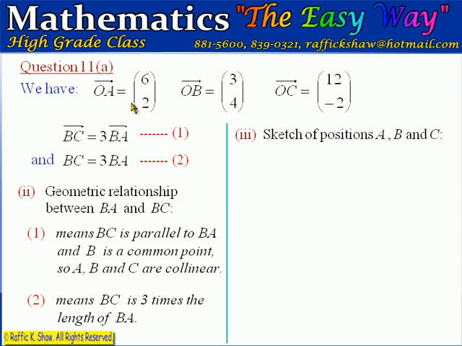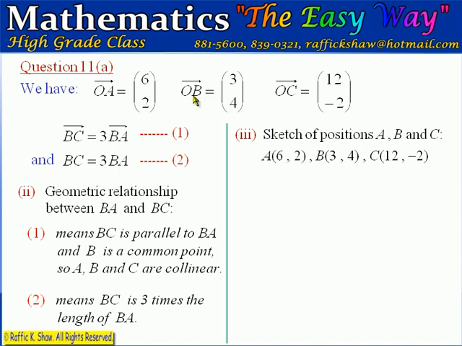Now, because we have the position vectors of the points A, B, and C, we can deduce the coordinates of the points A, B, and C, because the coordinates will have the same values as the position vectors. So because the position vector of A is (6, 2), it means that the coordinate of the point A is (6, 2), written like this.